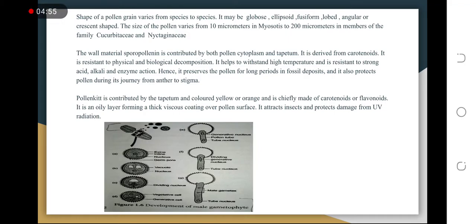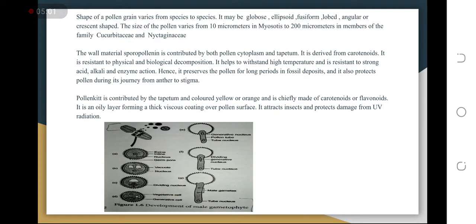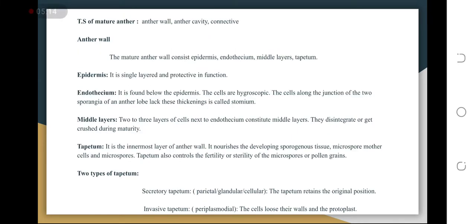Invasive tapetum or periplasmodial, which means the cells lose their wall and the protoplast.